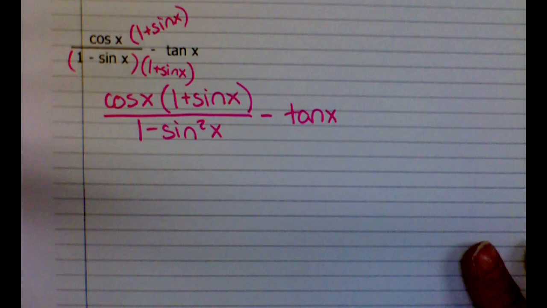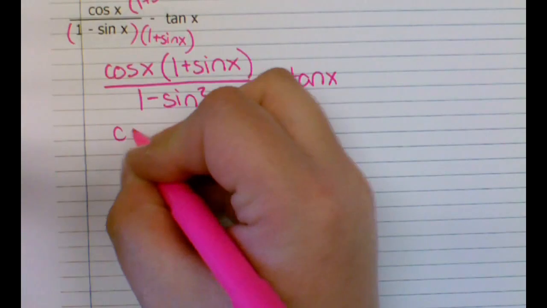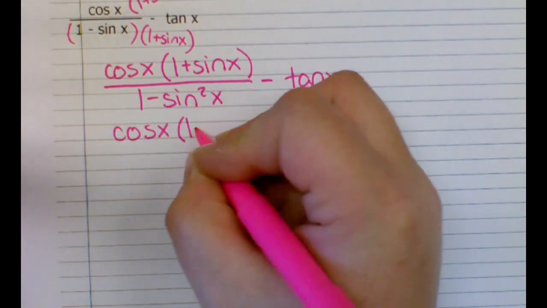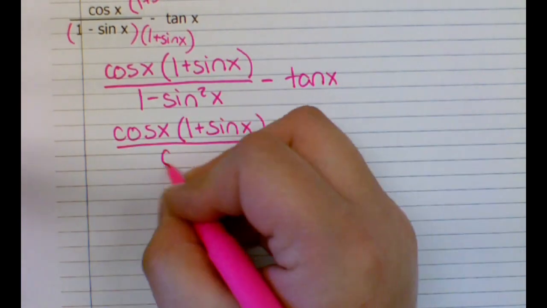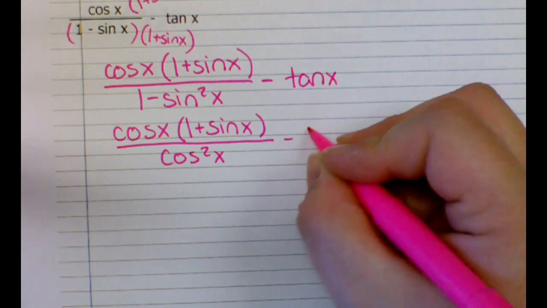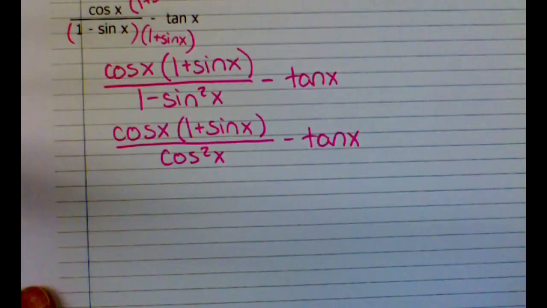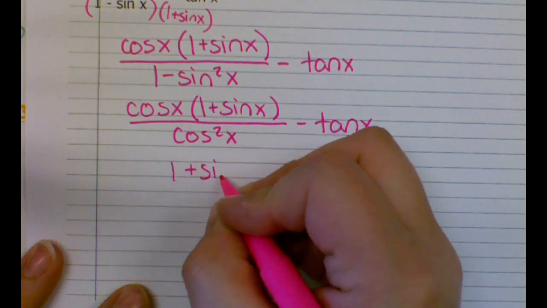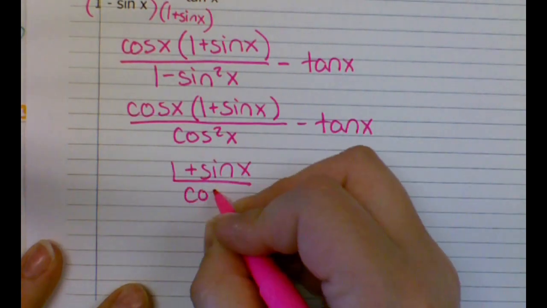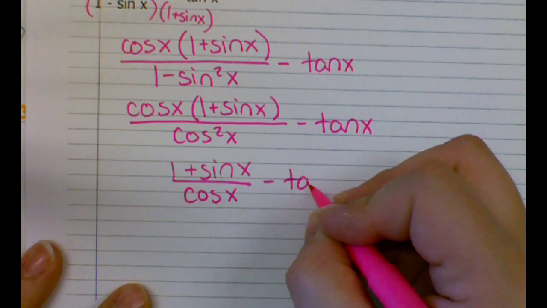I know 1 minus sine squared of x is cosine squared of x, and I can cancel one of these cosines out. So I get 1 plus the sine of x over the cosine of x, minus tangent of x.